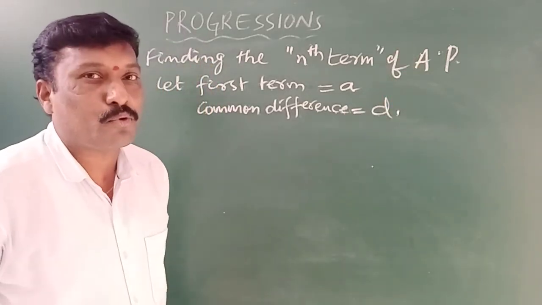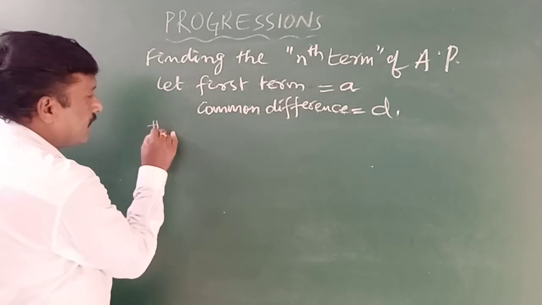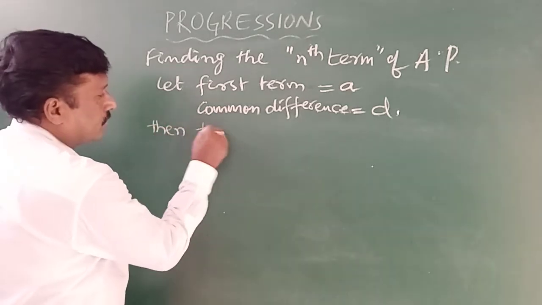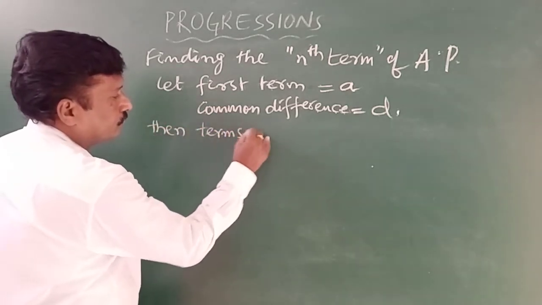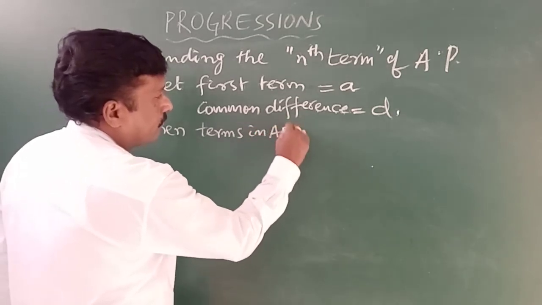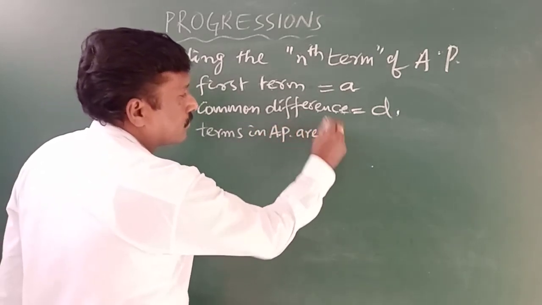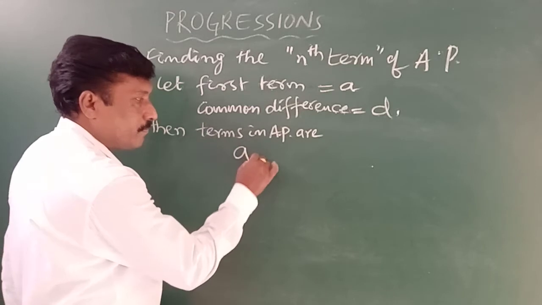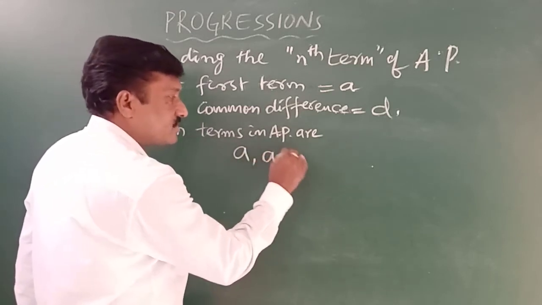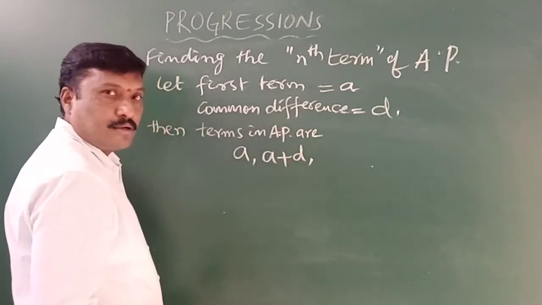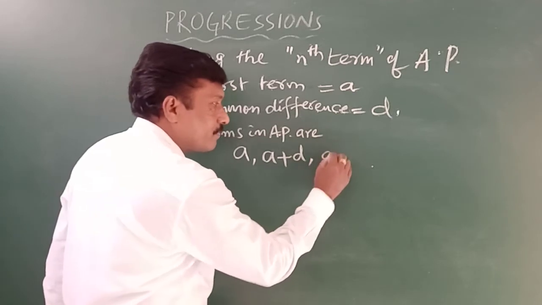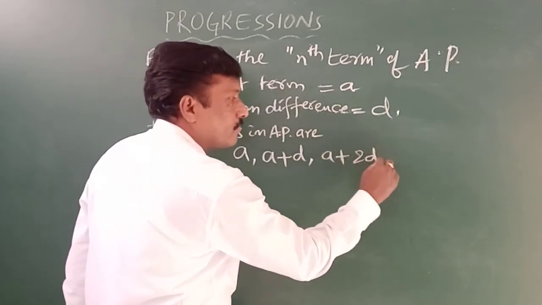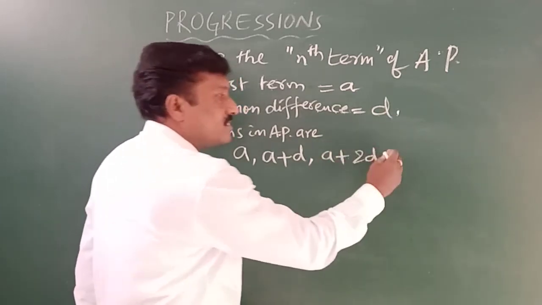Can you say the arithmetic progression? Then the terms in AP are a, a plus d, a plus d plus d, a plus 2d plus d.